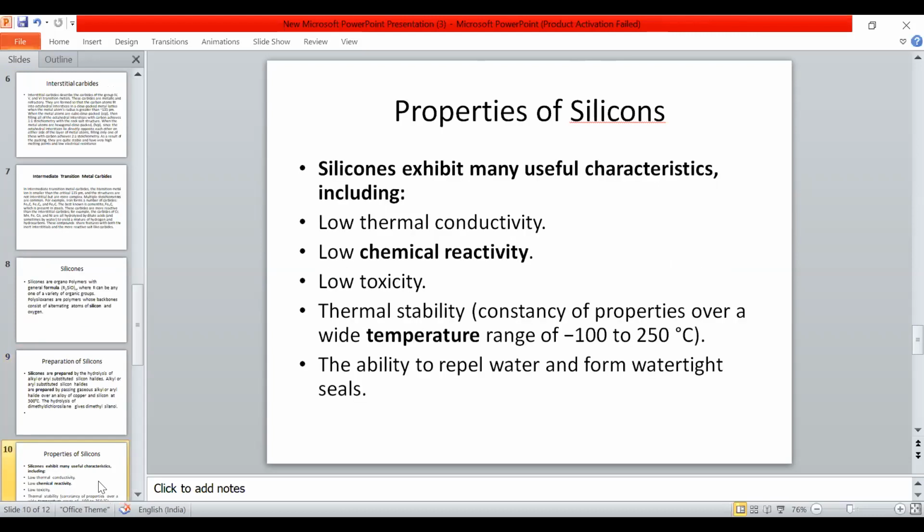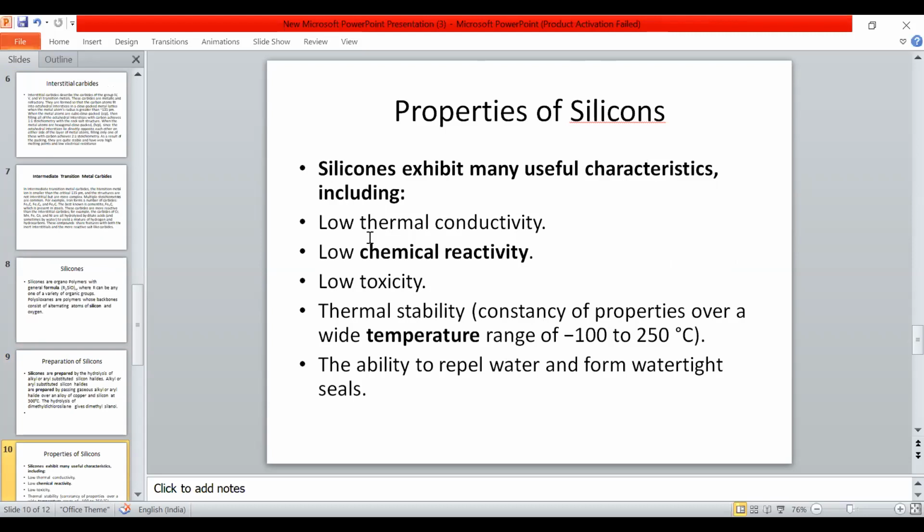Properties. Silicones exhibit many useful properties. That means they have low thermal conductivity, so in preparation of electrical cables, we use them. They have low chemical reactivity, low toxicity, they are thermally stable, and they are water repellent. These are 5 important properties.